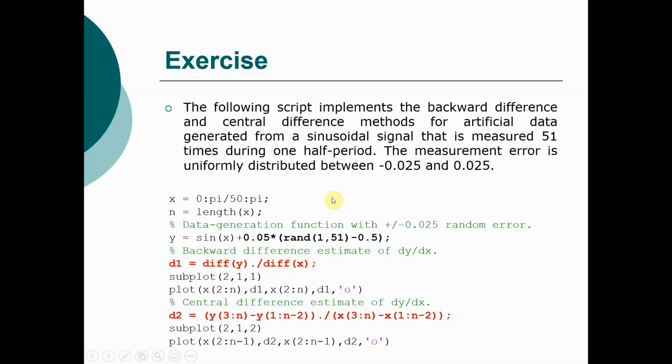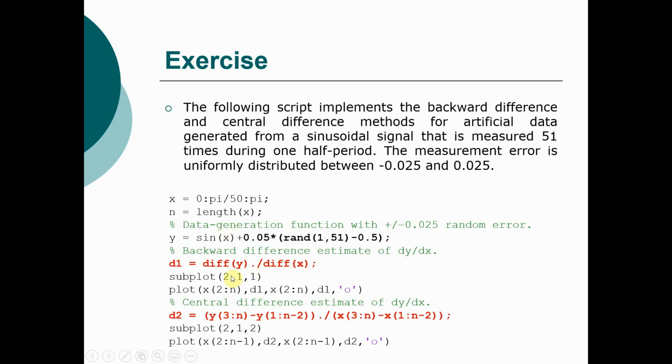So we find the difference between every adjacent y and every adjacent x, and we divide them, right? That gives us the backward difference estimate. I'm going to show you that this is also the forward difference estimate, but for different points. I'll talk about it a little bit later.